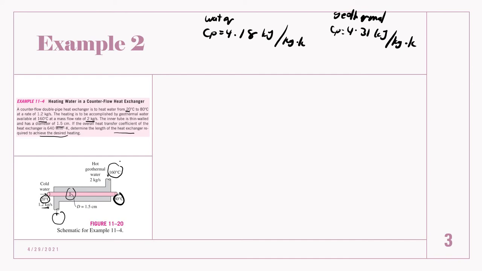Okay, so what we can find is the heat transfer rate at the cold water side, because we have all the information like temperature difference and the mass flow rate.